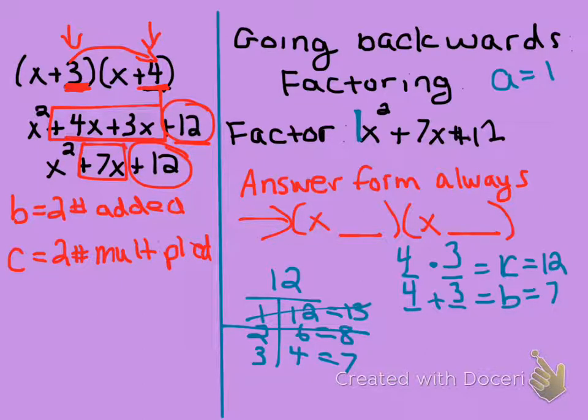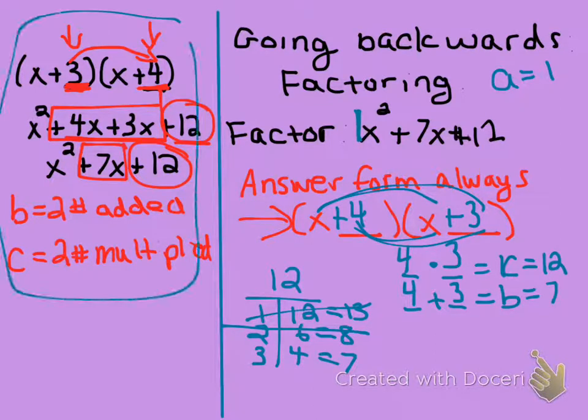Your two numbers have to fit both of those. So we plug those two numbers in as our factors, x plus 4, x plus 3. If I were to multiply this out by distribution, which I'm not going to do to save time, I would get back, as we know from over here, x squared plus 7x plus 12.